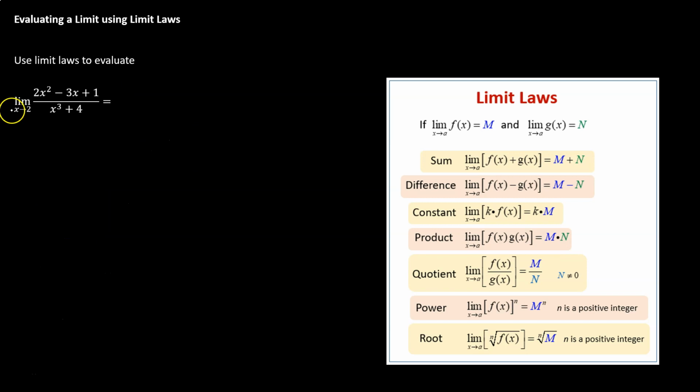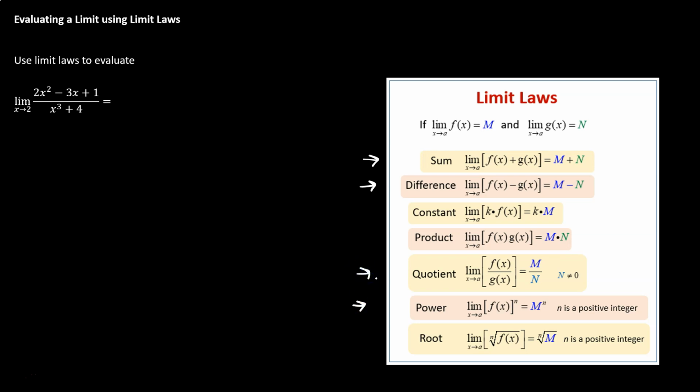Let's try another one. This function is a rational expression. I have 2x squared minus 3x plus 1 divided by x cubed plus 4. And I'm trying to evaluate the limit as x approaches 2. Now, I do see a lot of different things going on. I see differences, I see sums, I see exponents or powers, and I see a quotient.